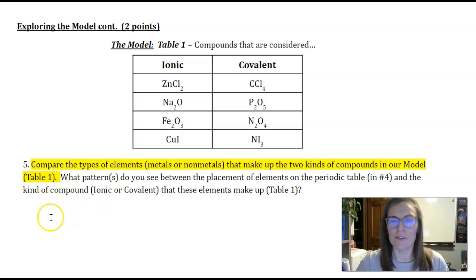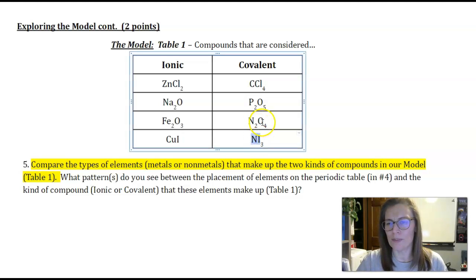And if you're struggling to find a pattern, I will give you this hint. It does not have anything to do with the fact that most of these elements are single letters. That was a coincidence. This one here is not a single letter, but the rest of these are. That is just a coincidence.